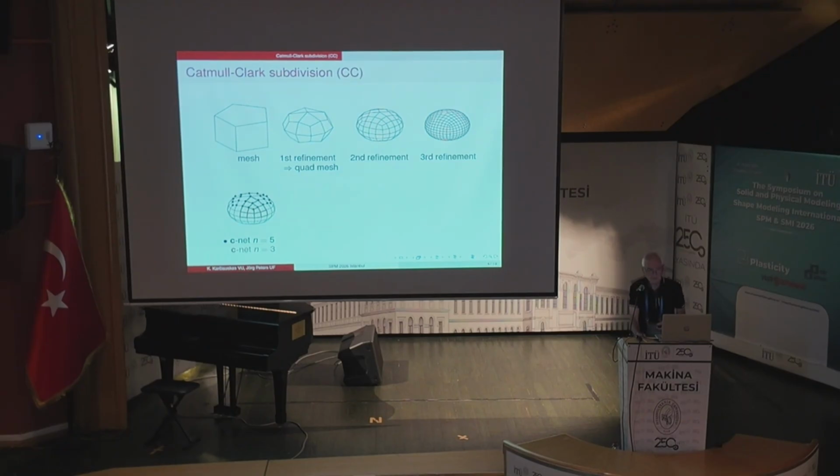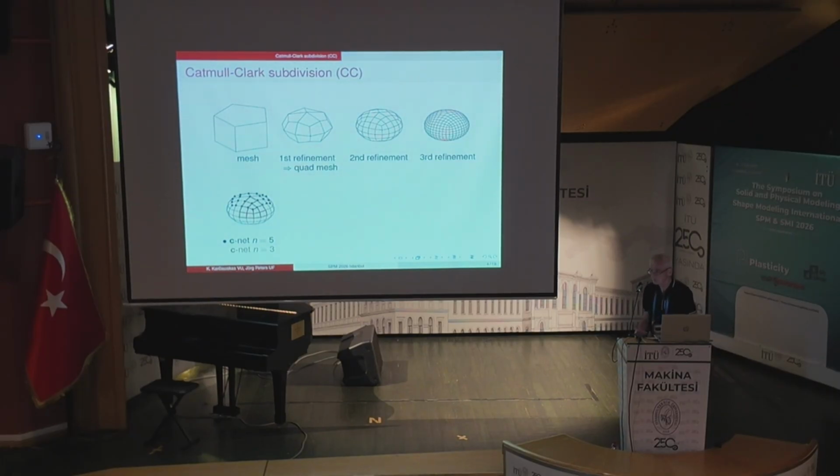What is important for us is that already after one refinement of the quad mesh, we get a structure called the CNET. In the CNET, black marks the valence 5 in this example, and brown is for valence 3. Such input is already sufficient for high-end schemes.